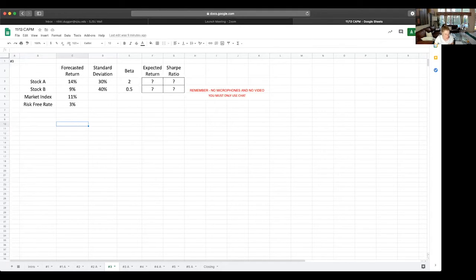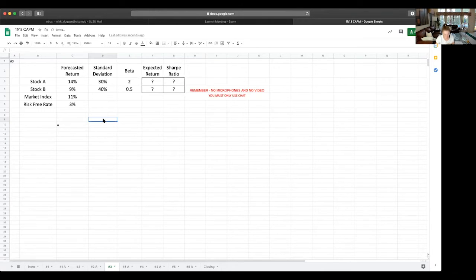So starting with stock A, we'll do one at a time. So this is going to be expected return. And then, so for this one, our equation is going to be using CAPM. So that's what your return is finding it with your CAPM equation.